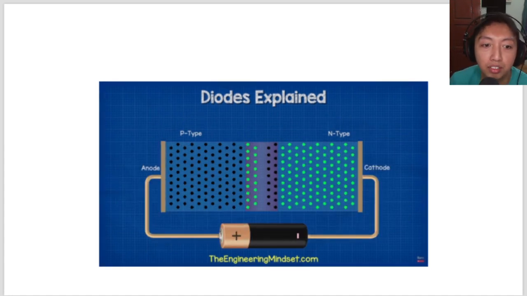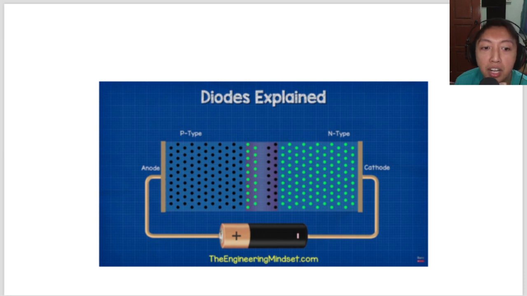Now, what happens when we add an electric current to this diode? We connect the negative side to the N-type, or the cathode, and we connect the positive side to the P-type, or the anode. Alright, now look carefully at what happens.